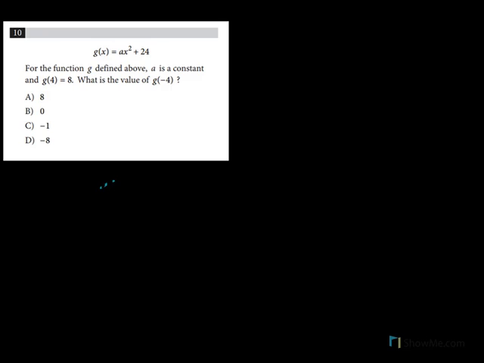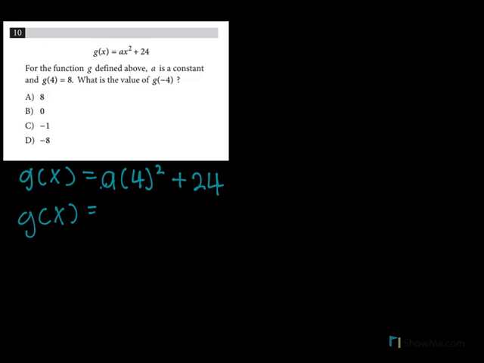So basically we can write this as g of x equals a times 4 squared plus 24, which would be equal to 16a, because 4 squared is 16, plus 24, and we know that g of 4 equals 8, so we can substitute g of x for 8 and write this as 8 equals 16a plus 24.